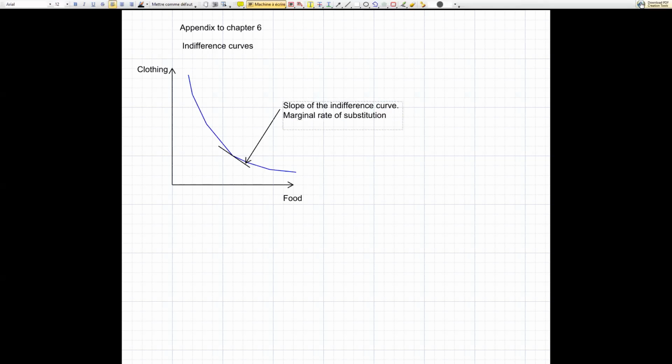And the formula of that curve, do you remember? No, it's minus the marginal utility of, let's say, food divided by the marginal utility of clothing.